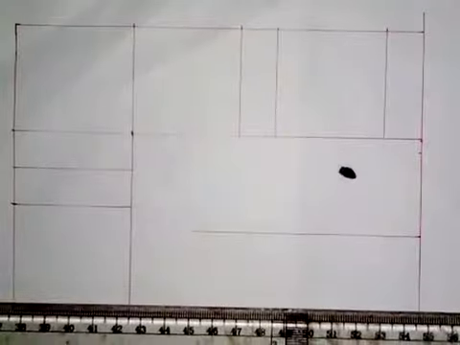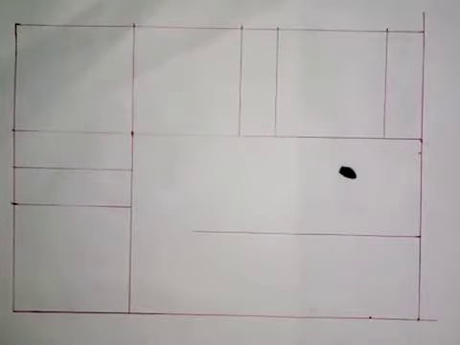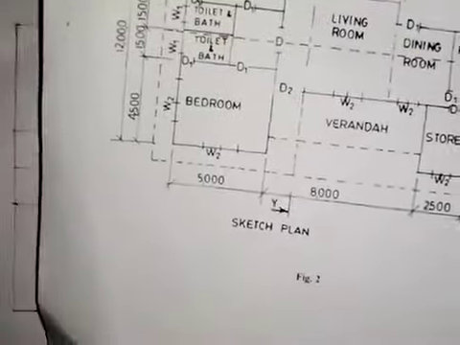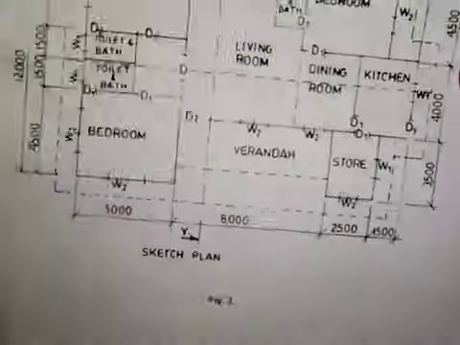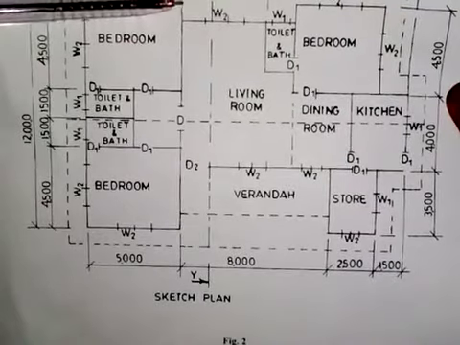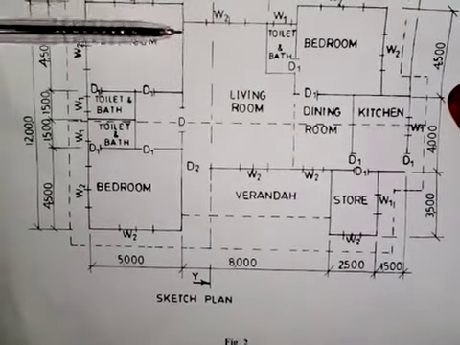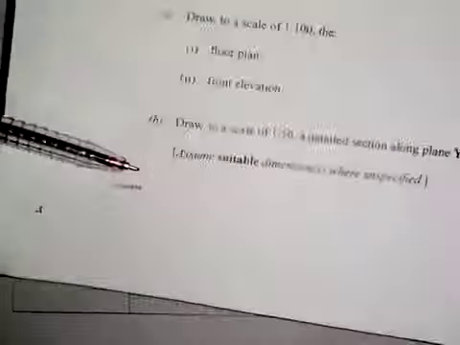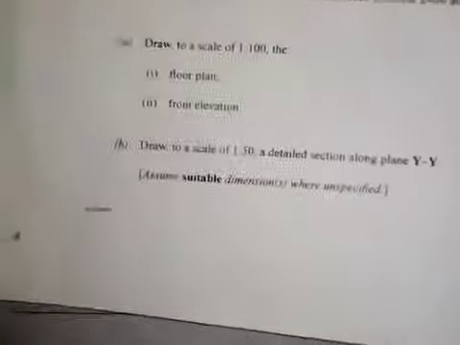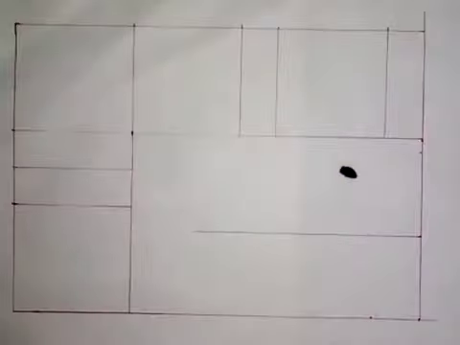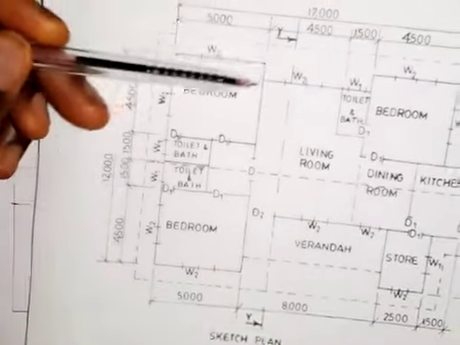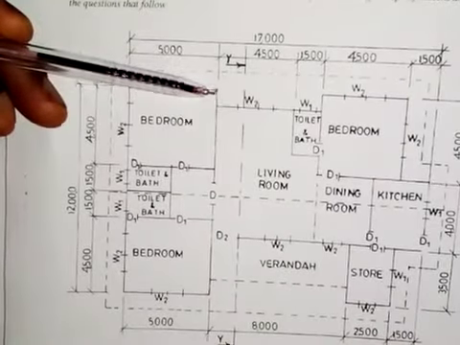The next thing I'm going to do here: the parts are almost out. The distance from here to here is not specified, but we have been instructed in the specifications that we should assume suitable dimensions where unspecified. So I'm going to assume a dimension. For the distance from here to here, I will take 100 millimeters.